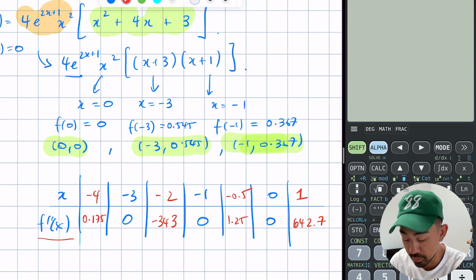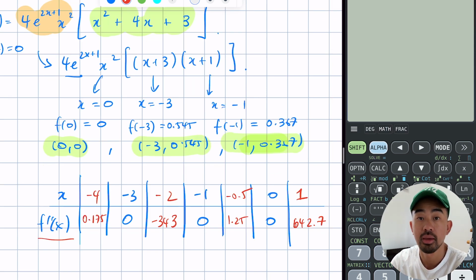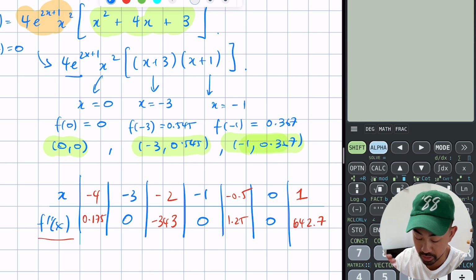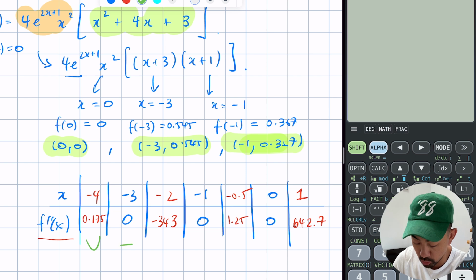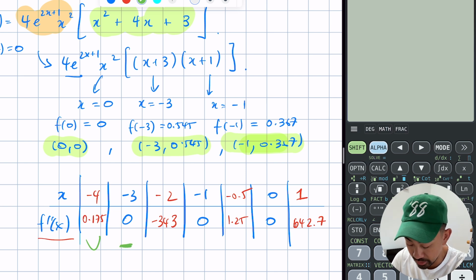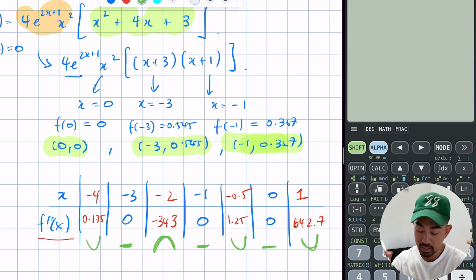Okay, so I've just put all those numbers in the calculator and this is what I got. At the bottom of this table, you just want to draw what the concavity looks like. If it's a positive number, it's going to be concave up. 0 will be nothing. Negative is concave down, nothing, concave up, nothing, and then also concave up. So as you can see, a point of inflection is when the concavity changes, so when it goes from up to down.